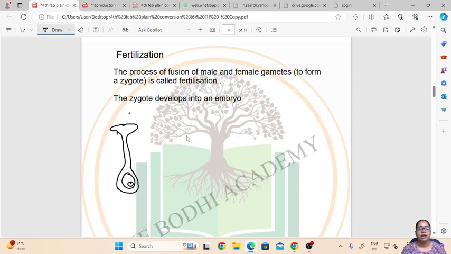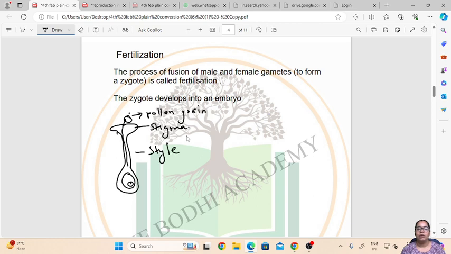So when the pollen grain, that is the male gamete, falls on the stigma of the female reproductive part, what happens is the germ tube develops and it travels down the style.